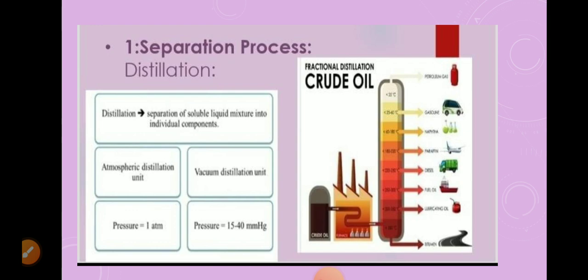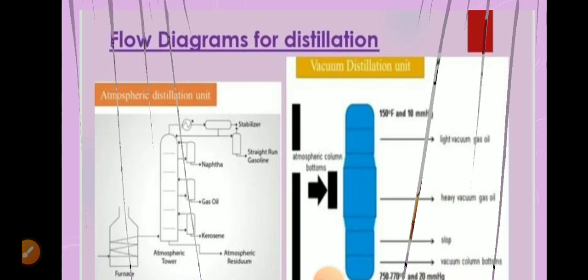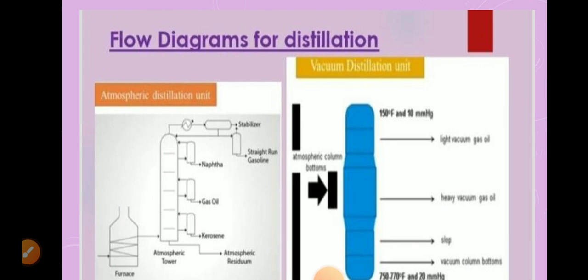As we know, the boiling point of a substance depends upon external pressure. Whenever external pressure is reduced, the boiling point is also reduced, so that it can vaporize at a low temperature and less fuel will be consumed. Here we will discuss the flow diagram for distillation. You can see in the atmospheric distillation unit that naphtha appears at the top and kerosene appears at the bottom.